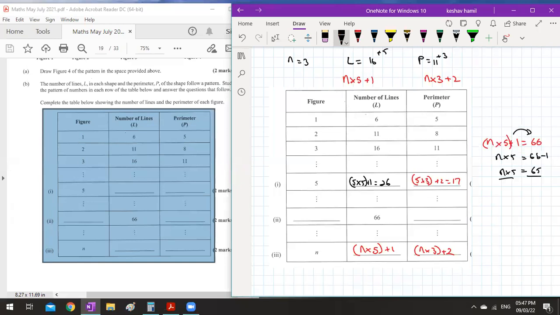And we're going to divide by 5 on both sides to get rid of the 5. So you get 13. So n in this case is 13. Now if we know the n value, we will put in the parameter. So 13 by 3, 13 by 3 plus 2. This is 39 plus 2 is 41. And that's the end of the question.